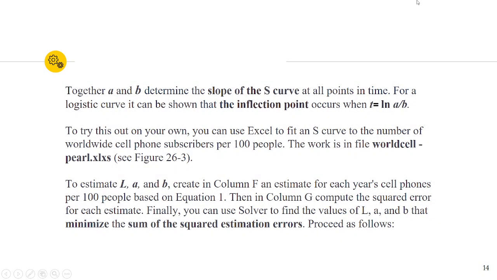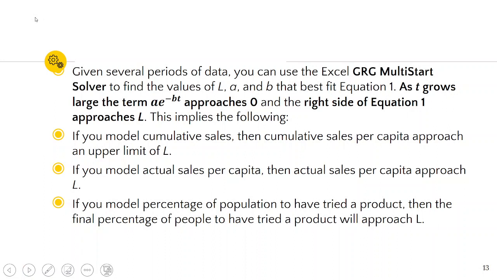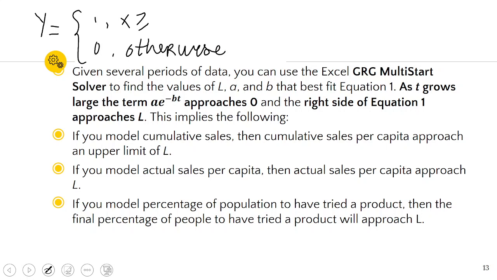I told you that with logistic regression, y is equal to 1 or 0: 1 if, for example, x is greater than or equal to some threshold, and 0 otherwise. This is how we define the y for logistic regression. So x will be actually so many values, and when it's greater than a certain threshold, it will become 1.